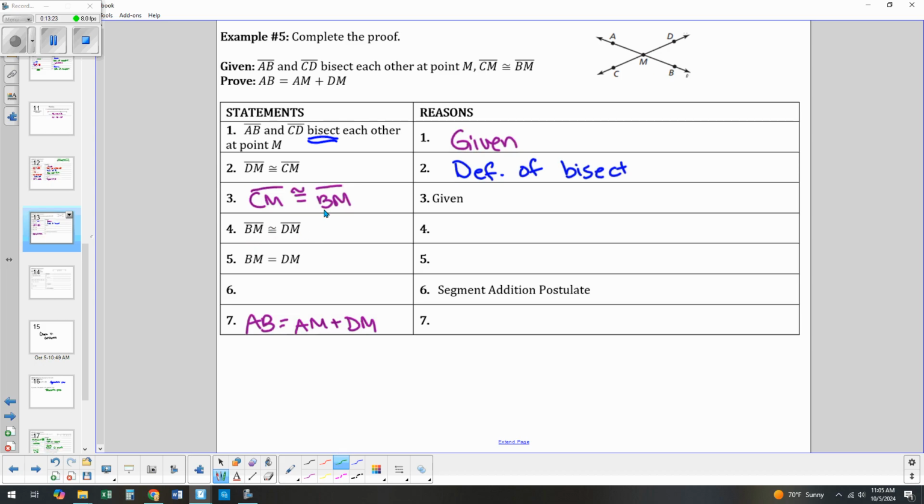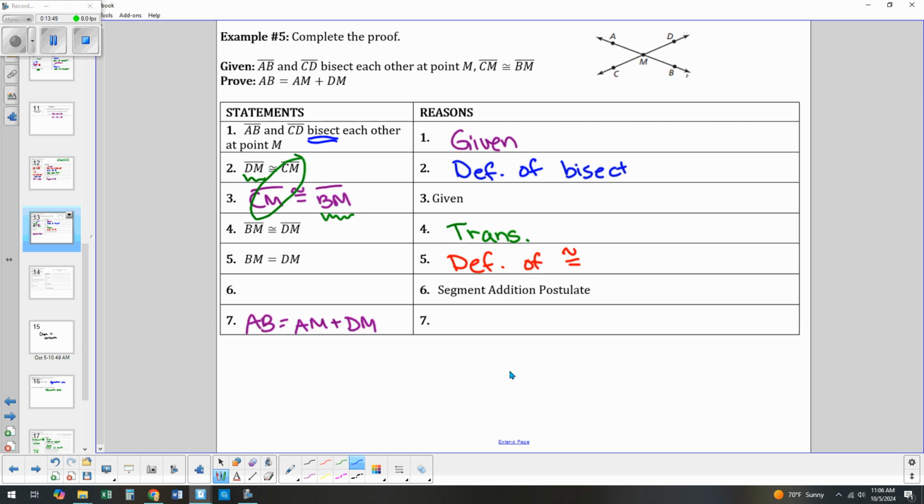So BM I did in fact see here, and DM I did in fact see here, and both of them were congruent to segment CM. So we're linking together using the transitive property. Now I've taken my work from step 4 and turned it into equals instead of congruent. So that's the definition of congruence.